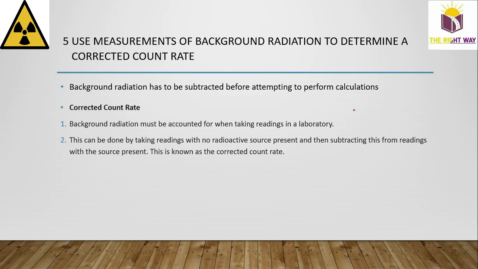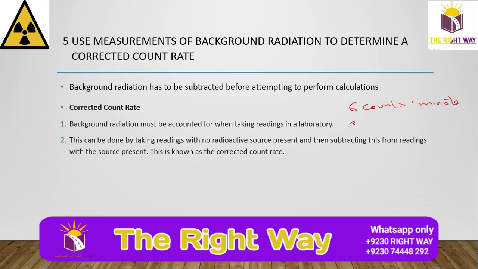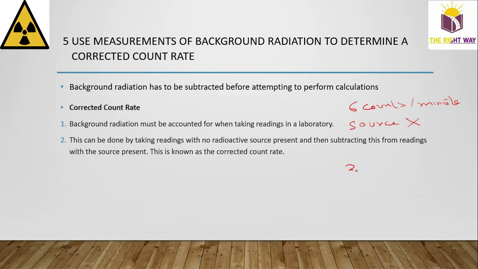For example, the background radiation is 6 counts per minute without placing the source inside the chamber, without source. But when we place the source, it is 36 counts per minute.